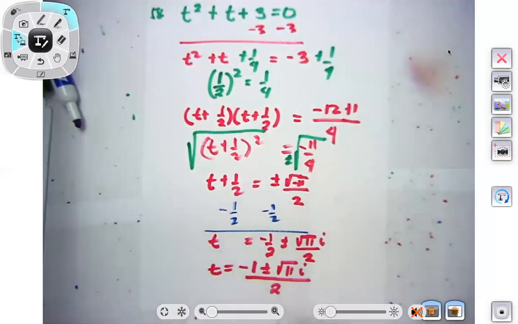But we can write it in terms of i, since these are non-real numbers. As long as we have a square root of a negative number, it's a non-real number, and you can express this in terms of i. Just like square root of negative 5, you can express that as square root of 5i.